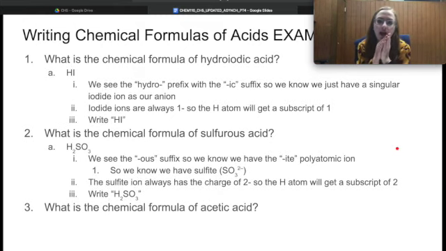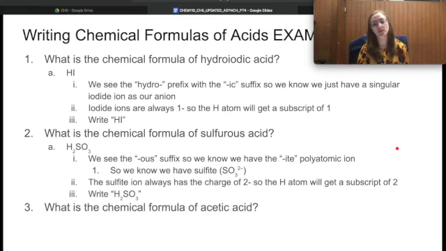So we got the OUS ending. We saw that means the ite polyatomic ion. If you have the ite polyatomic ion, we know sulfite has a charge of -2. So H2SO3.